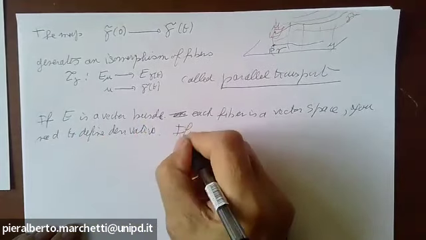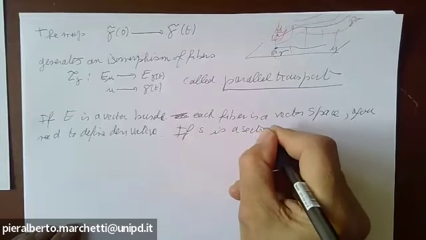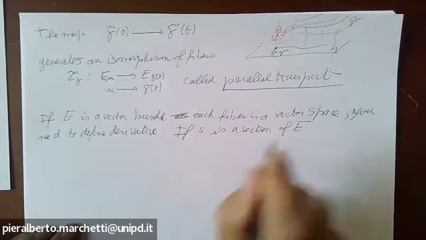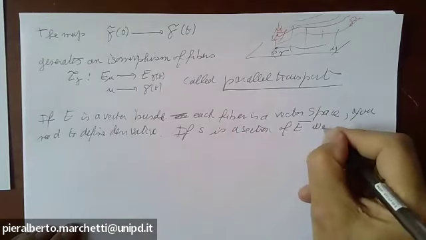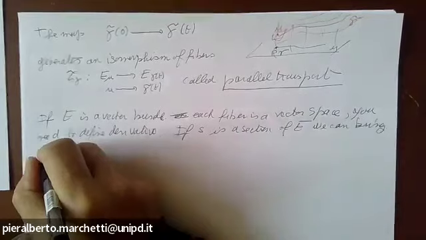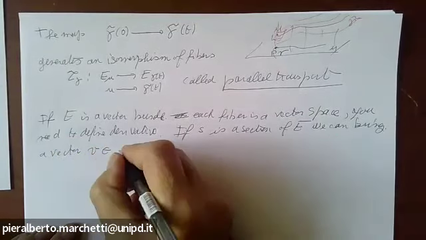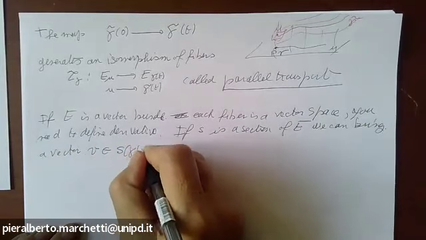So if S is a section of E, we can bring a vector V, which belongs to S of gamma of t.